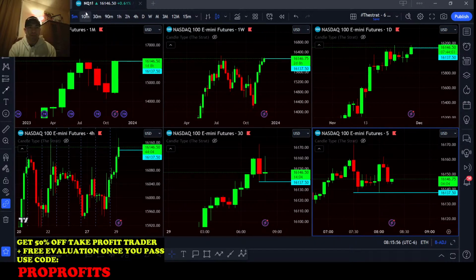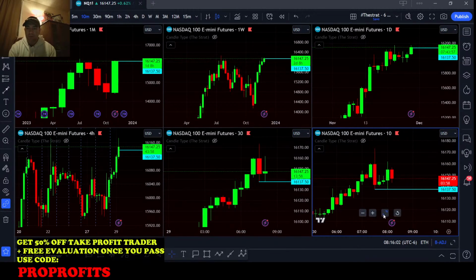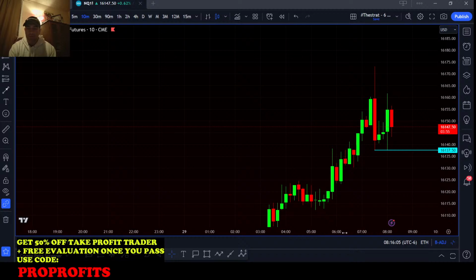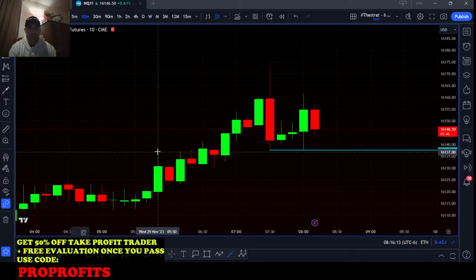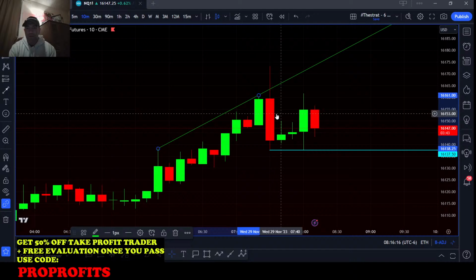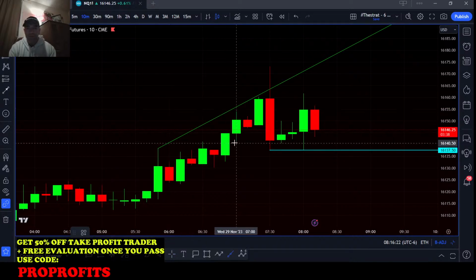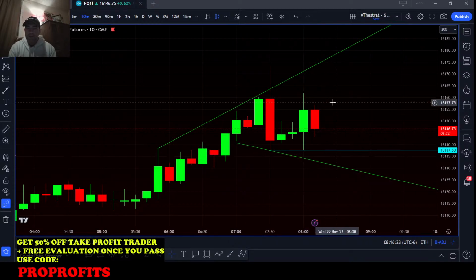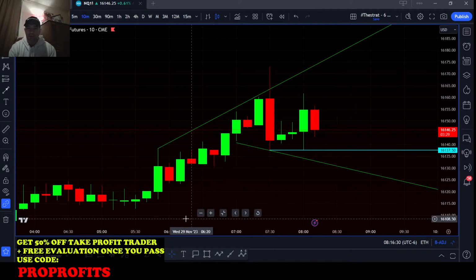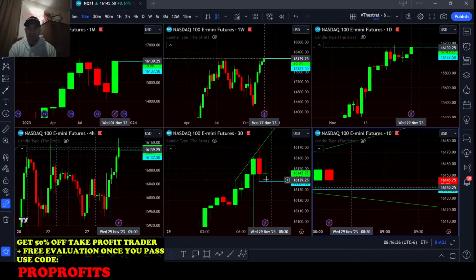Let's take this to 10-minute. Ideally, what I'd like to see happen is this get slowly taken out, and then for us to go back up through the range and continue back into the time frame continuity. But we'll see what happens on the open.